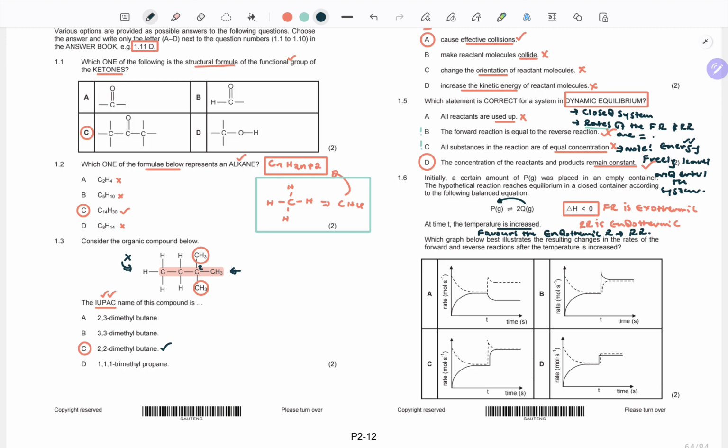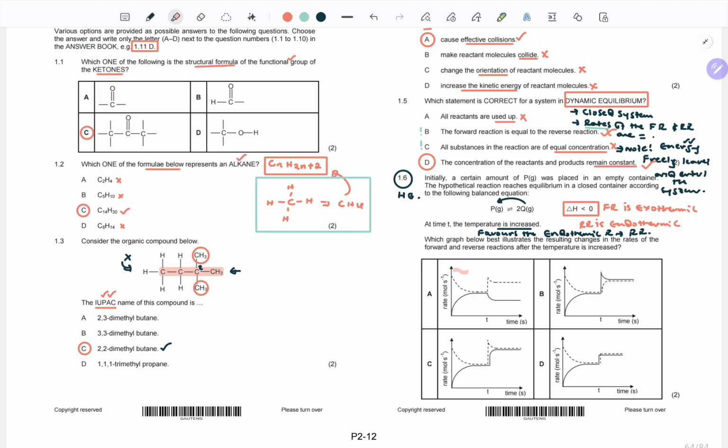Great. So this is certainly a higher grade question, especially seeing that there's graphs to interpret. Now, of course, this one you need to spend some time and you need to synthesize knowledge around it. All right, so it says which graph below best illustrates the resulting changes in the rates of the forward and the reverse reactions after the temperature is increased.